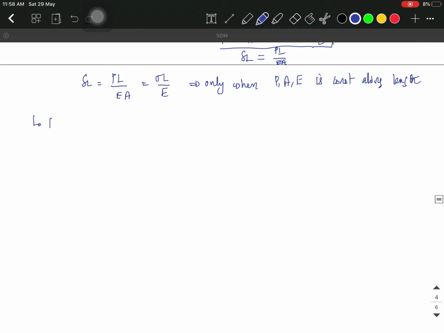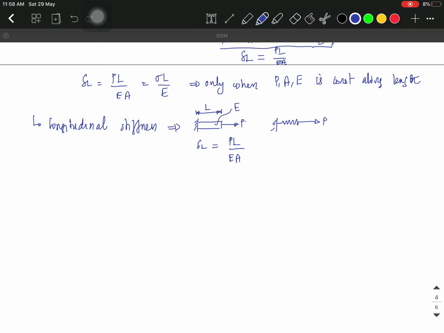Then we have dealt with something called the longitudinal stiffness. Compare the member subjected to some axial load with a spring subjected to some axial force P. We know that the elongation delta L caused due to the load P is equal to PL by EA, where L is the length of the member, E is the Young's modulus, and A is the cross section.